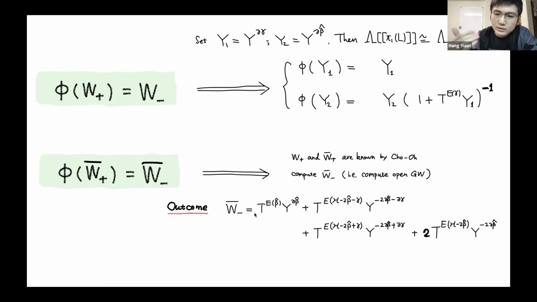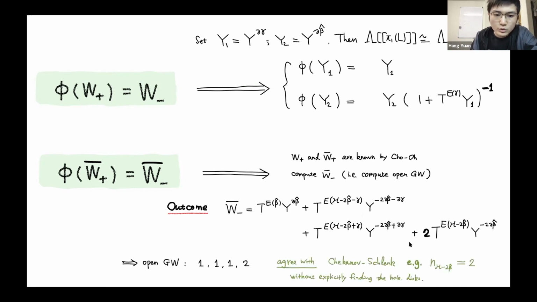If you take the coefficients of all these monomials, you get the open Gromov-Witten invariants, 1, 1, 1, 2. And this exactly agrees with the work of Chekanov-Schlenk, but our method does not explicitly find the holomorphic disks.